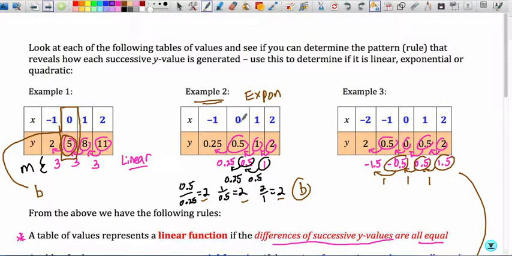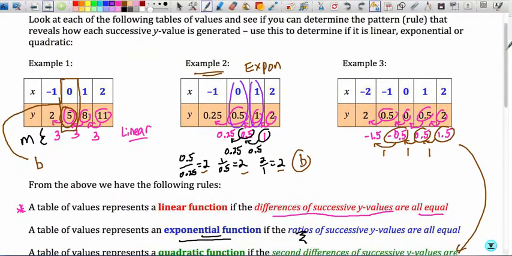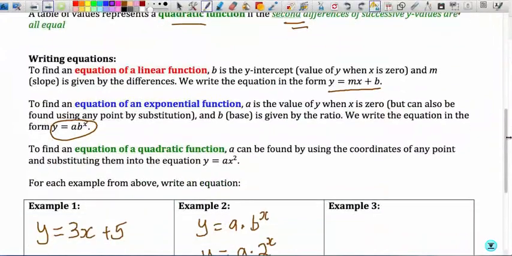Again, for the purposes of simplicity, it's easiest to pick the point x equals 1, y equals 1, because that gives us a nice, easy equation to solve when we're looking for a. So in this case, I'm going to pick the point 1, 1. Could in fact pick the point 0.5 as well. Either of those will work.